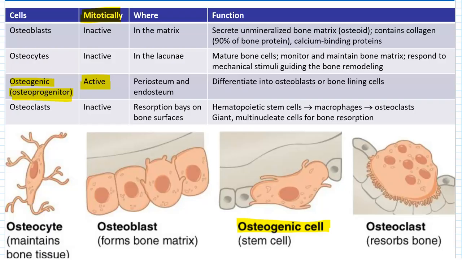So these osteogenic or osteoprogenitor cells become more specialized and develop into osteoblasts. Okay? The function of osteoblasts is to produce bone matrix, produce osteoid. Effectively, osteoblasts are building new bone.